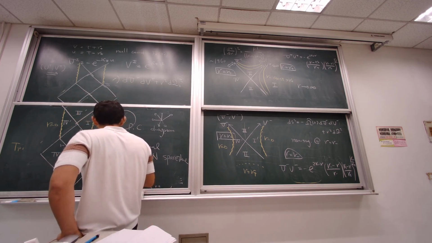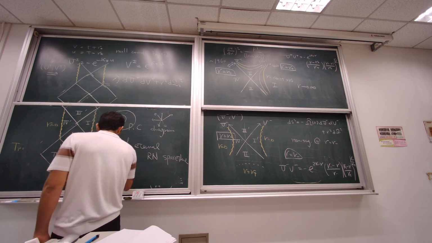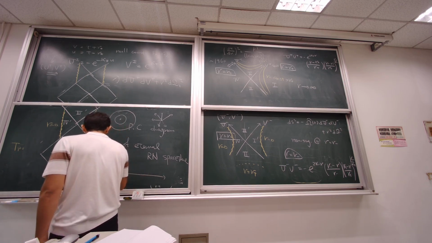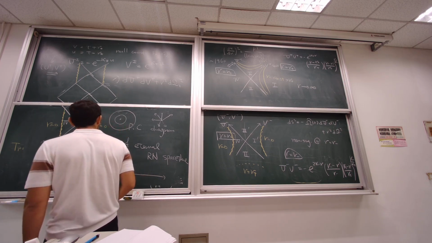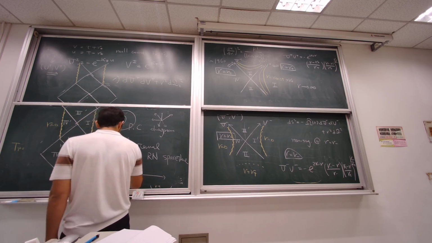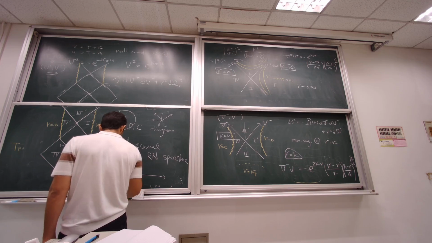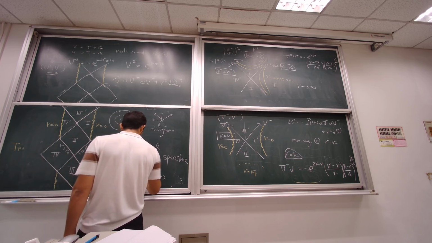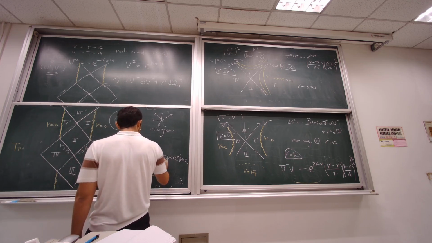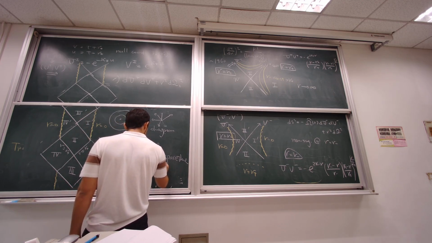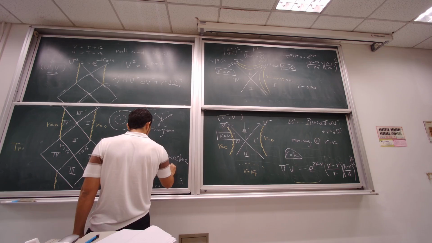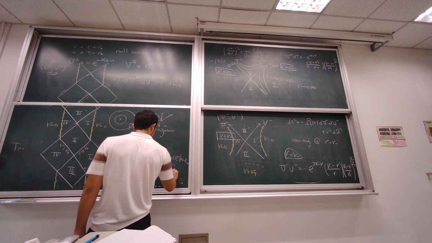And the next question is, let's assume this is the singularity, this is the inner horizon, and this is the outer horizon. Here T is time, right? R is space.